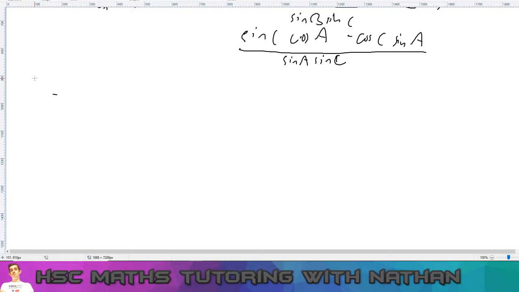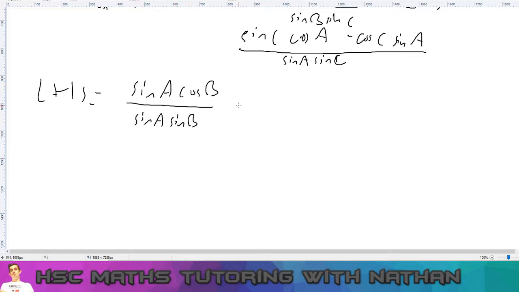So the left-hand side will now be sine A cos B over sine A sine B, minus cos A sine B over sine A sine B. And we can do that for the other two fractions.